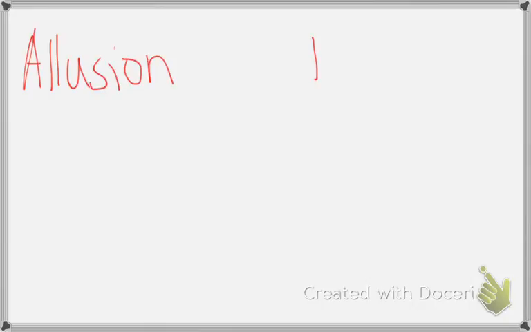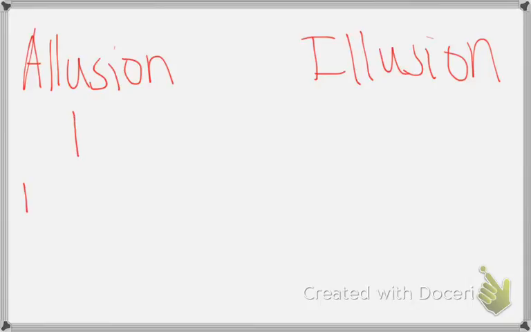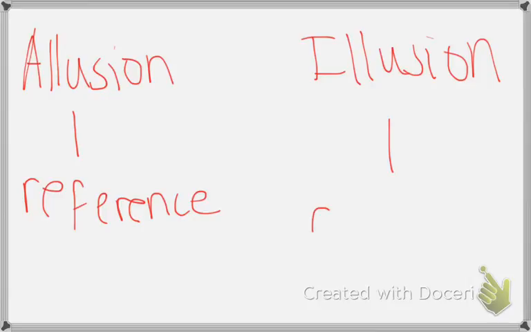Let's go ahead into the next one, which is allusion and illusion. An allusion is an indirect reference. So, Paul's constant allusions to Shakespeare. So we've got a reference. And then illusion is a deceptive appearance.